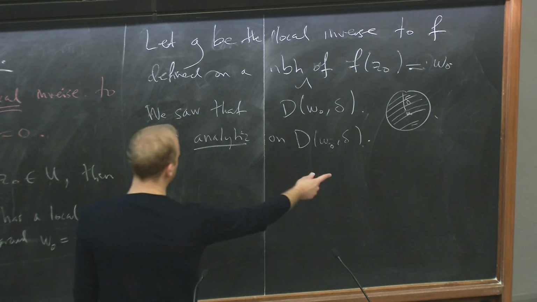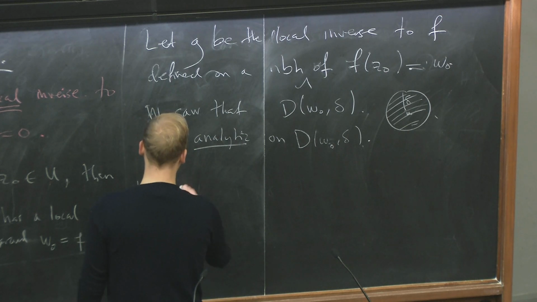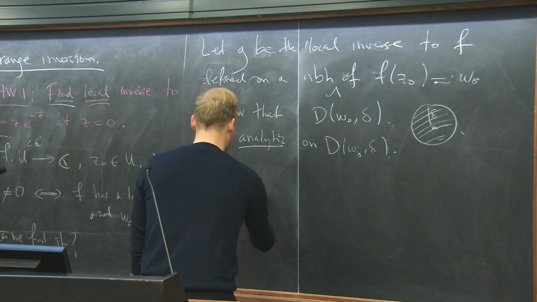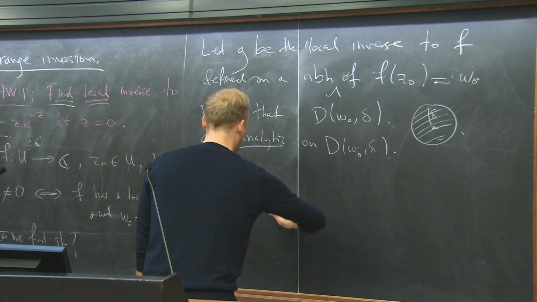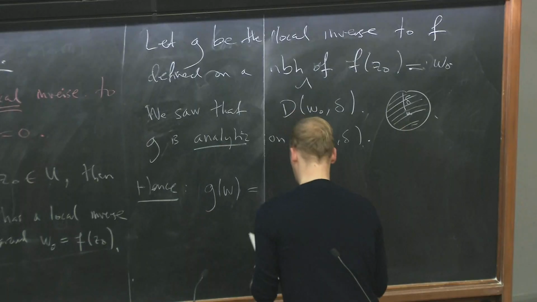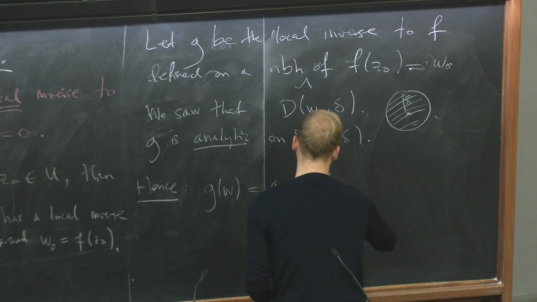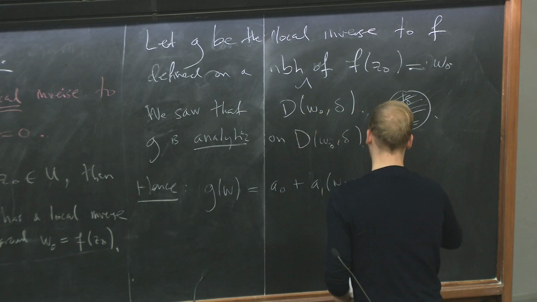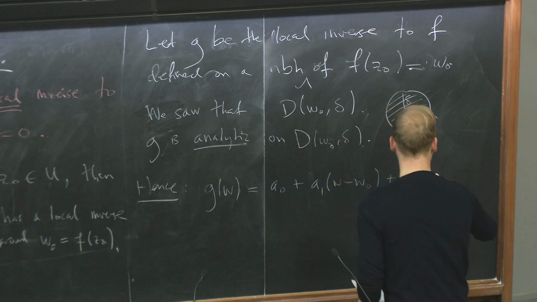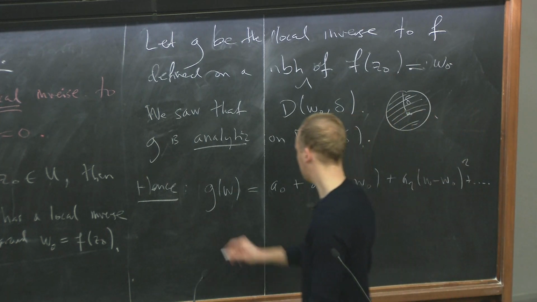Thanks to it being analytic on the disk, we can do our favorite thing in the whole course, which is to take the power series expansion. So we know that close to W0, we can write G of W as an abstract power series expansion of this form, and so on.